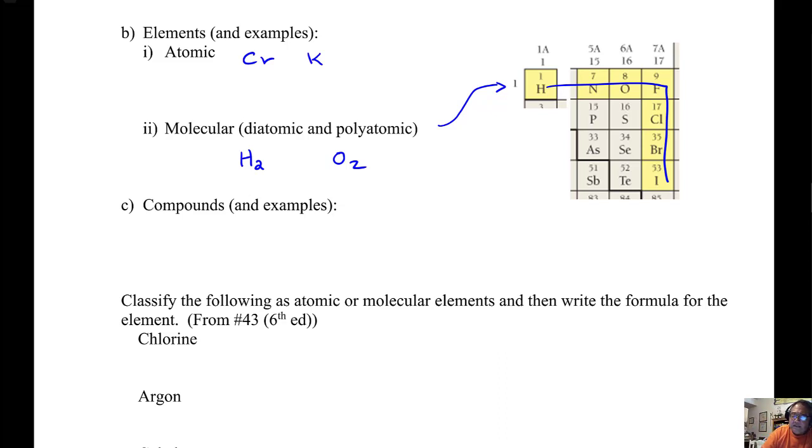These are the diatomics. The diatomic elements are all nonmetals. In fact, all the polyatomic elements are also nonmetals. The other 2 that are of interest are P4 and S8.